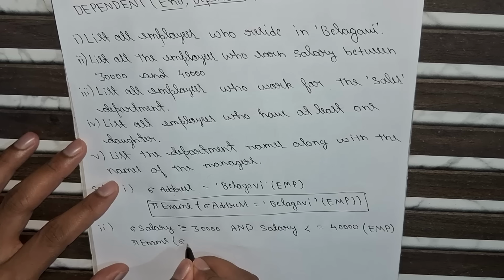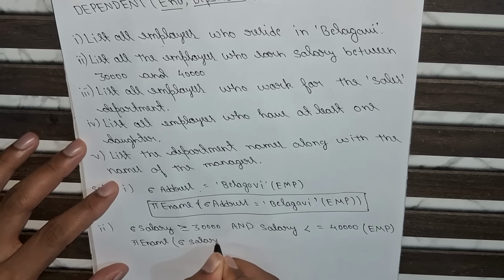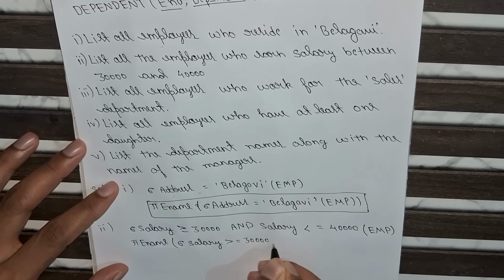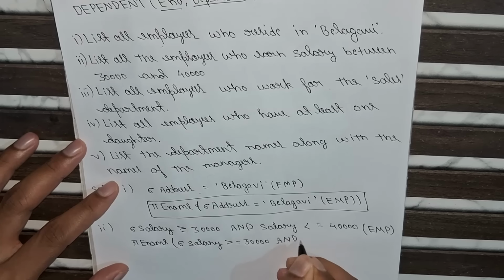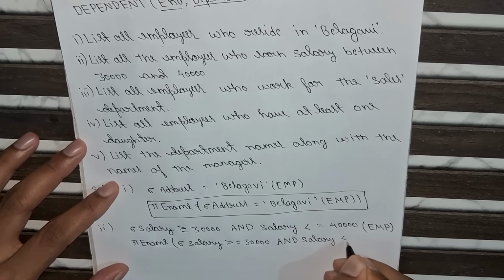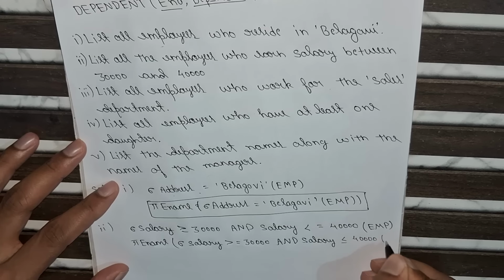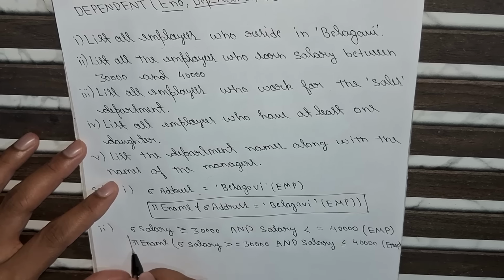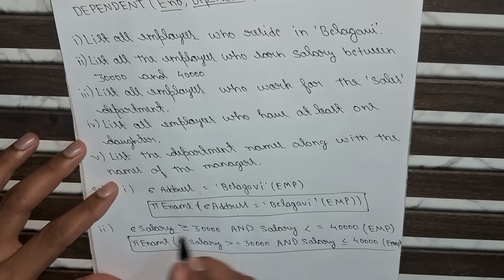So directly we will write the selection of salary which is greater than or equal to 30,000, and we are using again salary which is smaller than or equal to 40,000 under the employee section. Employee. Again close the bracket, and now this is our final answer for the second question.